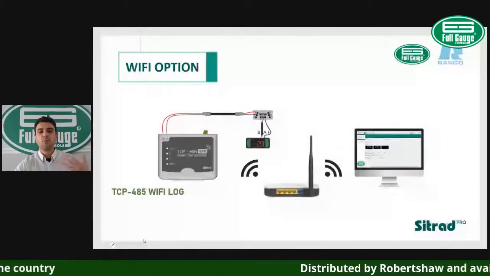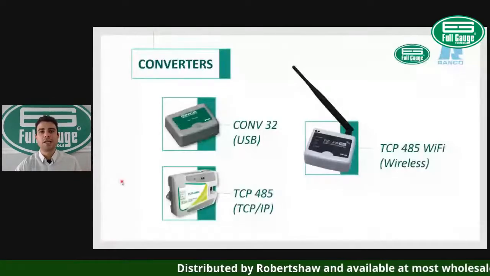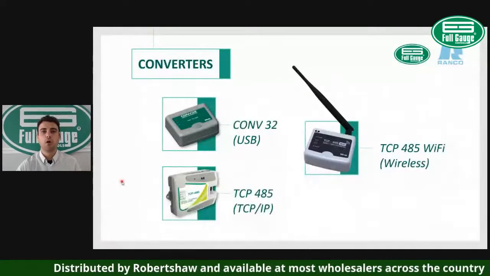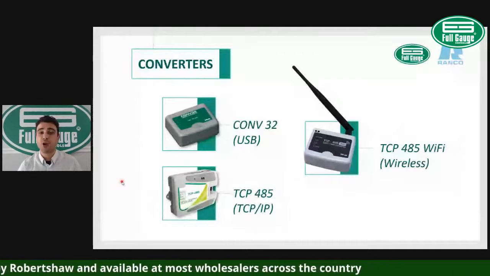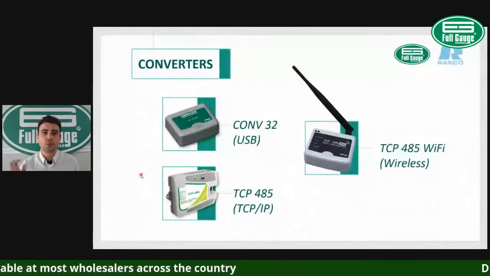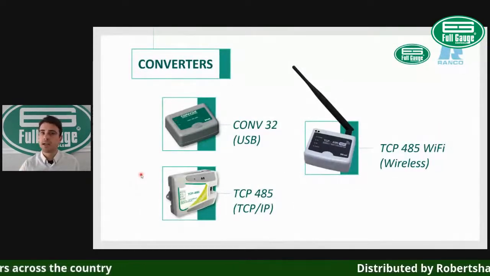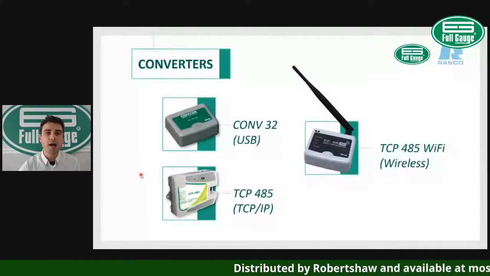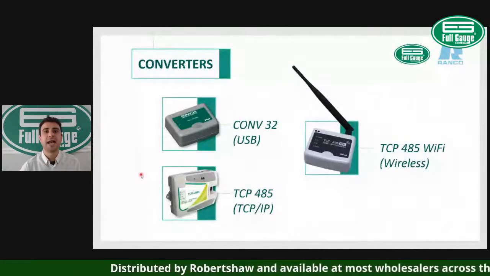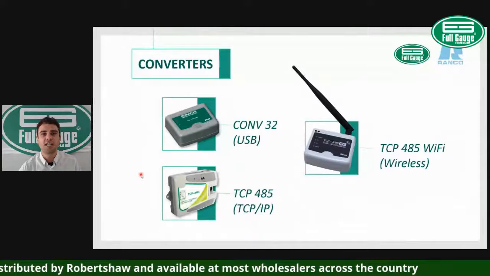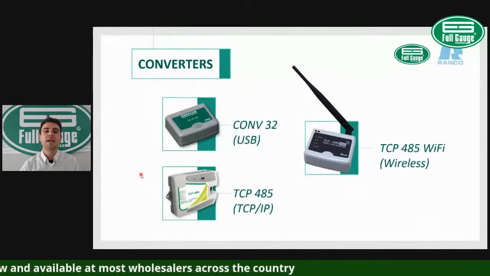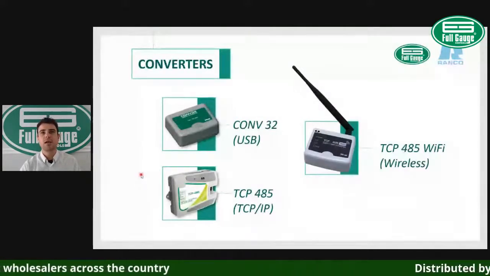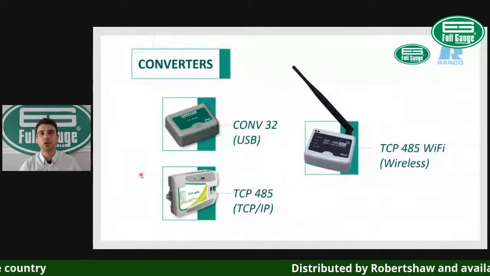Now, just revisiting the converter options we have. So again, it's a very simple, very user-friendly setup. What do you need? Your Full Gauge compatible controllers, the ones that have the A and B connection, RS-485, and one of those converters. And the software is free to download.